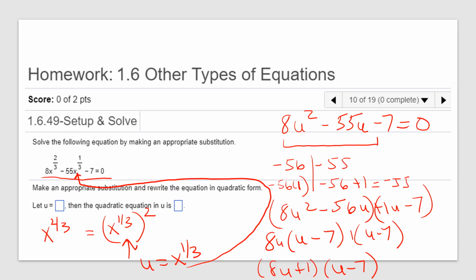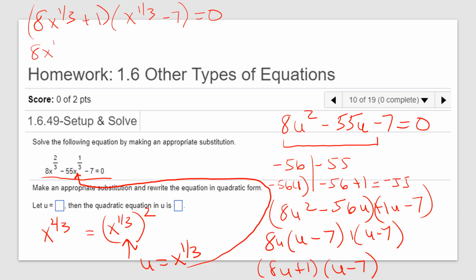All right, let's go up top here. I'm going to substitute x to the 1/3 power back in for u. So this becomes 8x to the 1/3 power plus 1 and x to the 1/3 power minus 7. Set these equal to 0 and solve.